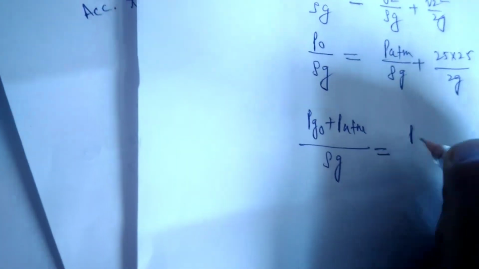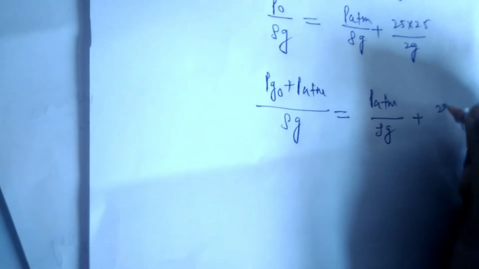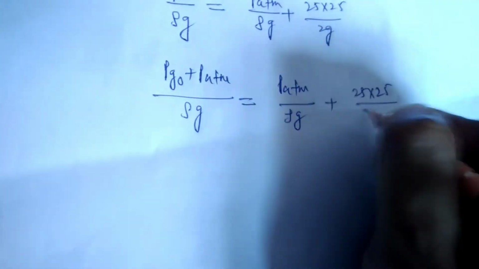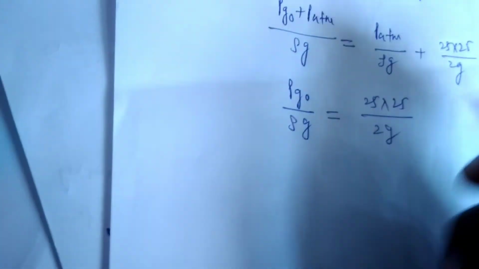Now PO can be written as PGO plus P atmospheric upon rho g, which will be equal to P atmospheric upon rho g plus 25 into 25 upon 2g, or PGO upon rho g will be equal to 25 into 25 upon 2g.